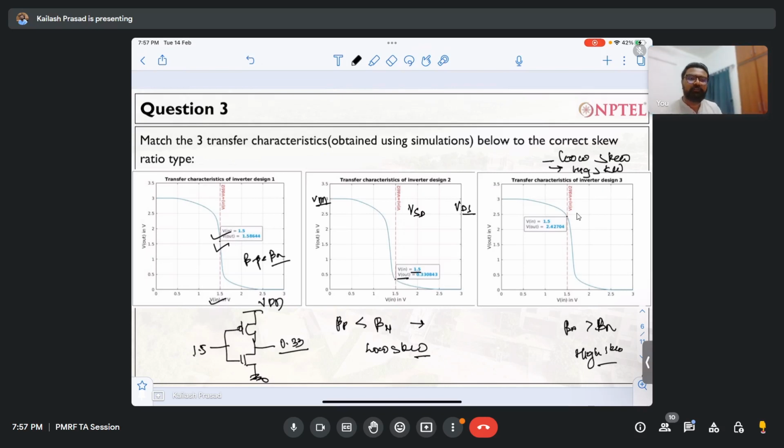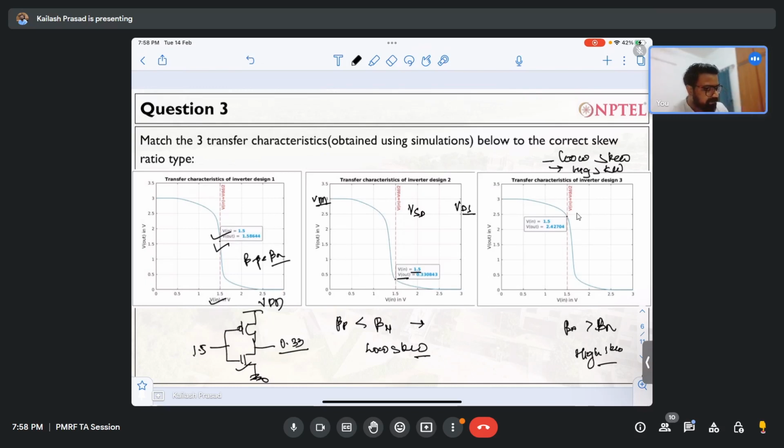Applying 1.5 volts at the input, we are getting 0.33 at the output. So NMOS is pulling down and has more strength. When you say it has more strength, it means it has more current driving capability.